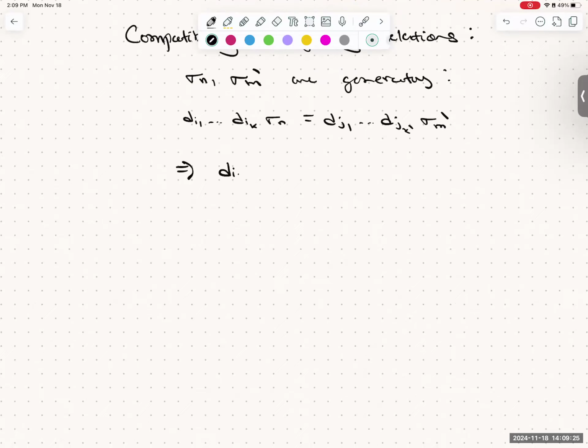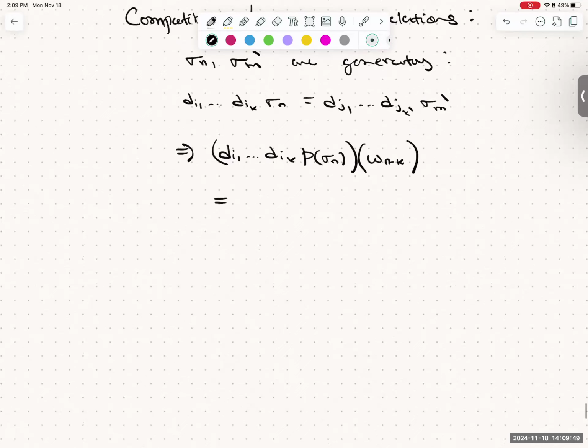It will be like d_i1 through d_ik acting on p of sigma n, and the outcomes will be on the n minus k outcomes, equals d_j1 through d_jk prime of p of sigma m prime, on omega.